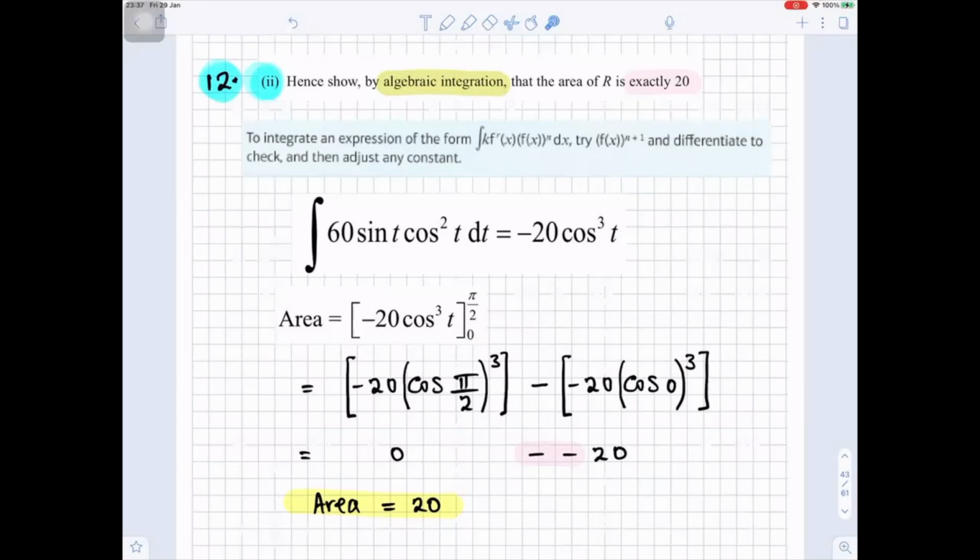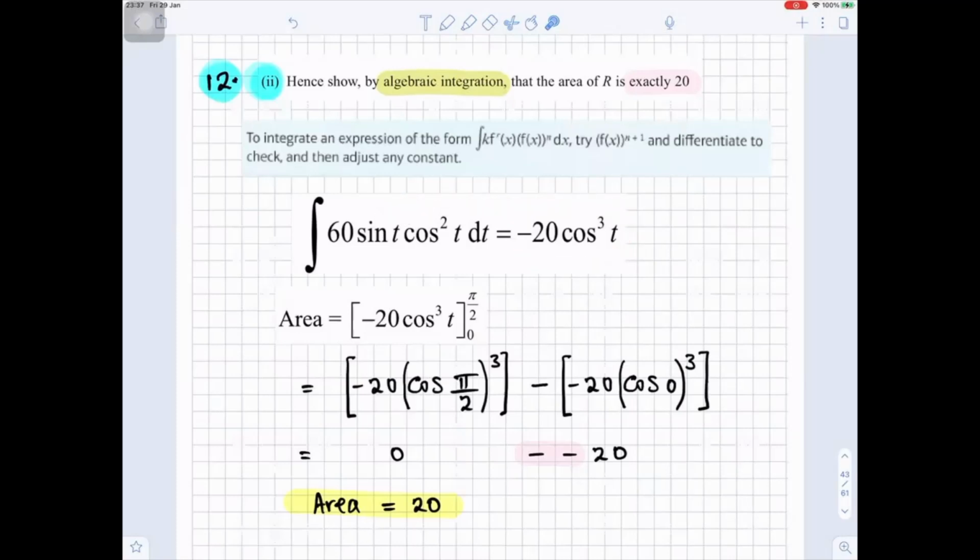So we try n plus 1, 2 plus 1, which gives you 3. So when you differentiate cos cubed t, you will get that expression there. So what you want to do is adjust it, differentiating to get that side.